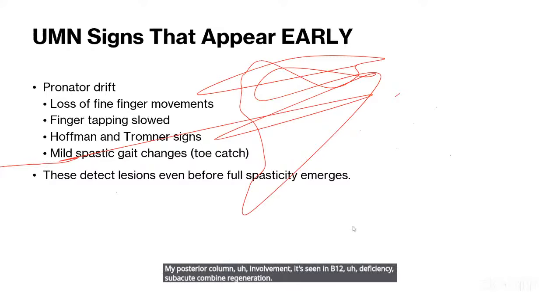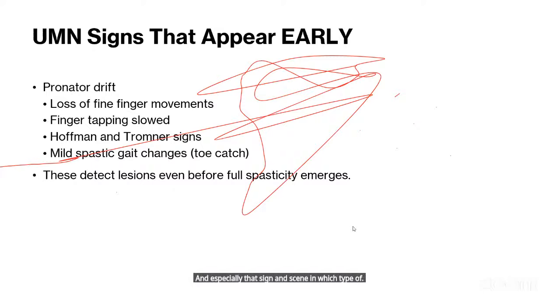And in which type of SCD is that sign especially seen? Is there something which can induce this SCD apart from B12? What else can induce it? Copper? Nitrous oxide. Right, very good. So nitrous oxide can also lead to this. And in an MRI, you'll get an inverted V sign or rabbit ear sign.